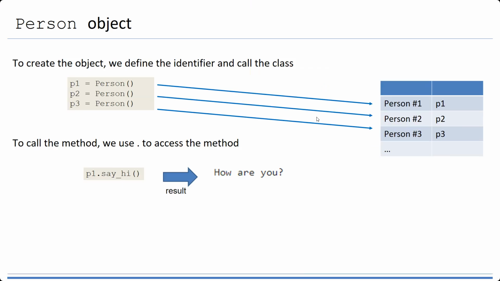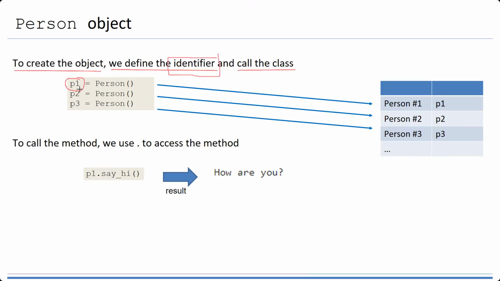And when we try to create the object, we need to define the identifier and we need to call the class. Identifier means a particular variable to indicate the object.